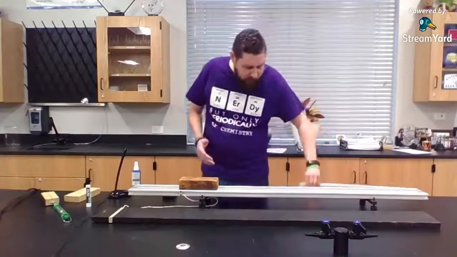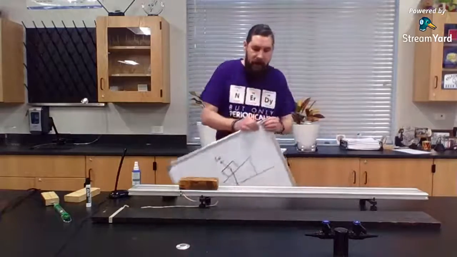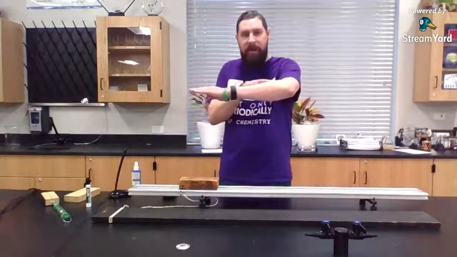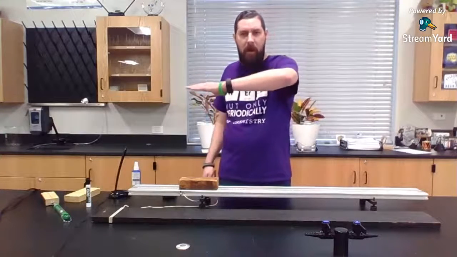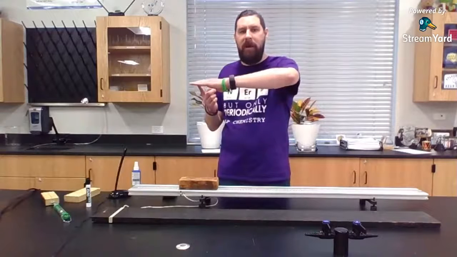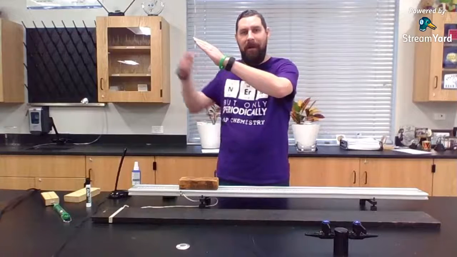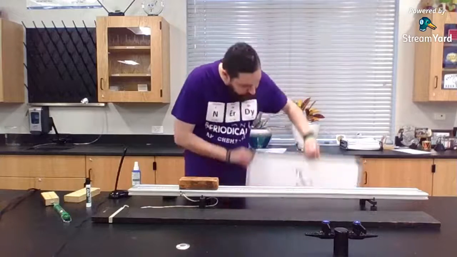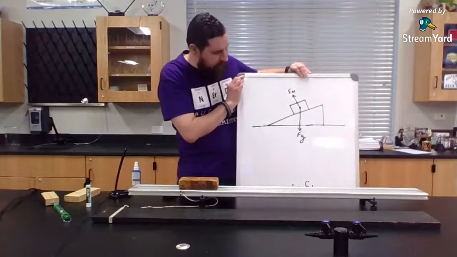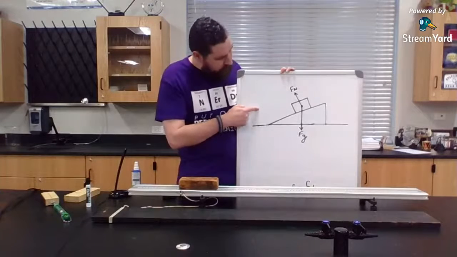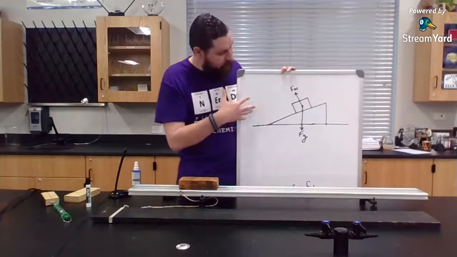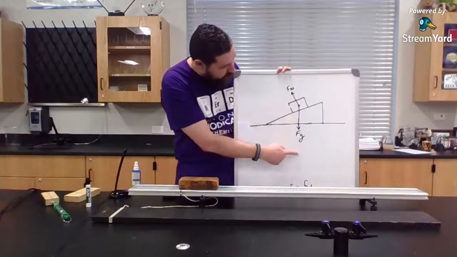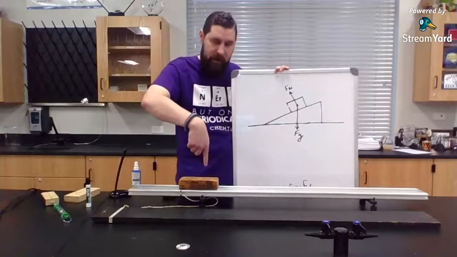Well, when you're looking at an inclined plane, and as I mentioned in the normal force video, we oftentimes think about the x-axis as always being along the horizontal. But when we've got an inclined plane and we start adjusting it, now my x-axis is at a diagonal. So when we look at a free body diagram for an inclined plane, here I've got my block, and my force of gravity is still directed directly downwards.